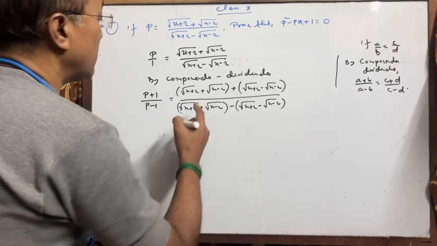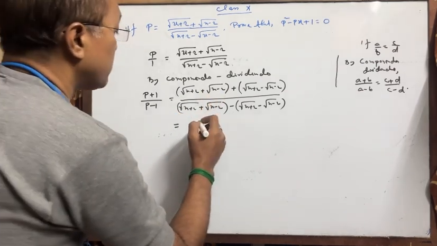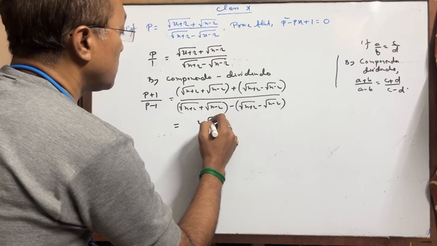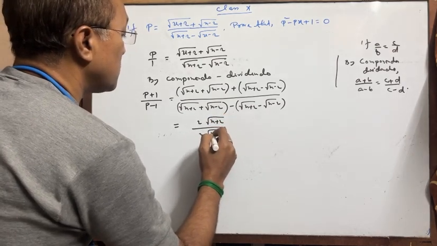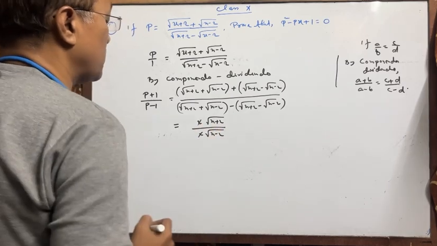So it is coming like 2 root over x plus 2 by 2 root over x minus 2.